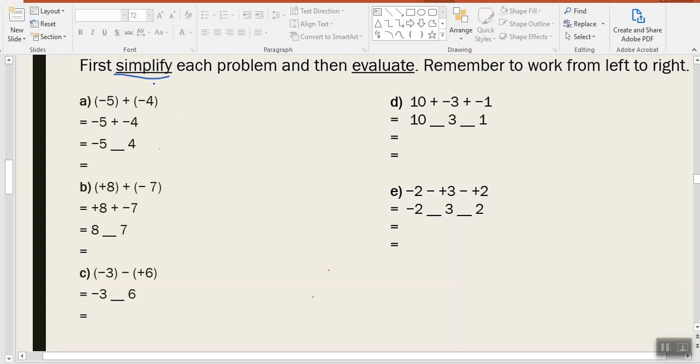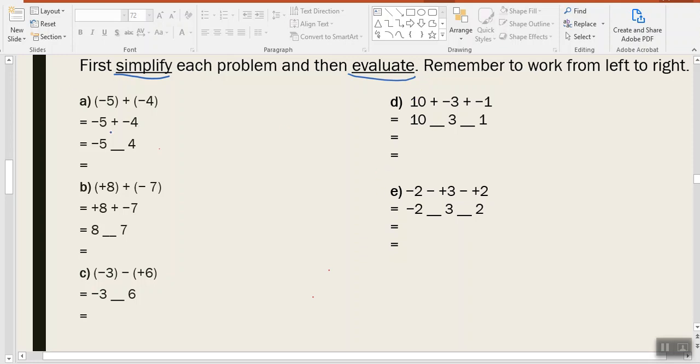We know what simplify means, to make it more simple, to make our working out more simple, to remove things or add and subtract things. So simplify each problem and then evaluate. We know the keyword evaluate means to show the value, sort of like calculate the answer. And remember to work from left to right, applying our BIDMAS skills, order of operations, especially for D and E.